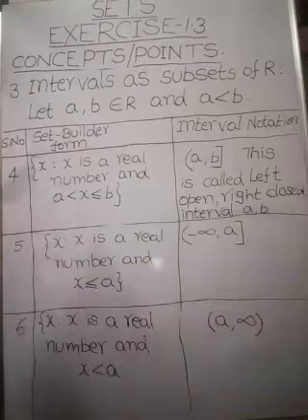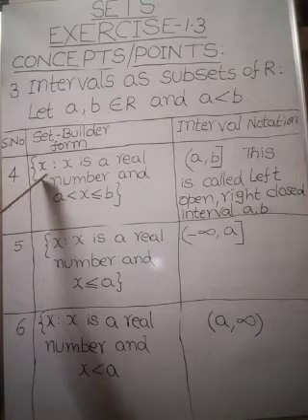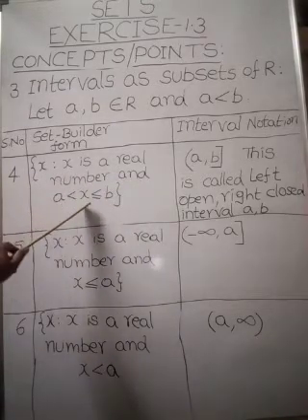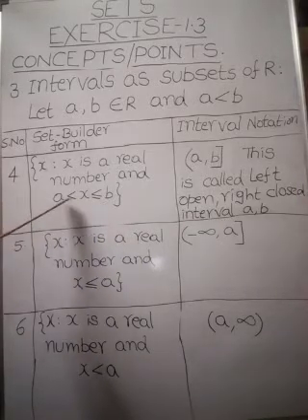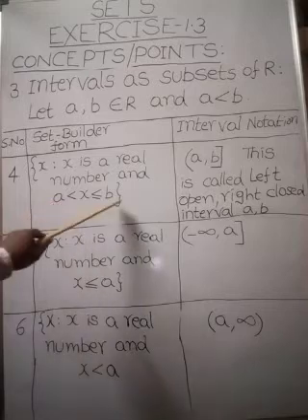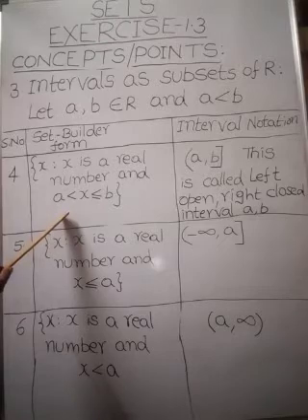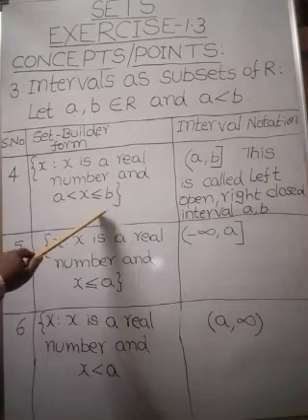Right. Now come to the next interval. Set of all x such that x is a real number and a less than x less than or equal to b. If you observe this interval, of these two endpoints, a is not included, means a is not an element in this interval, but b is an element, since x is less than or equal to b.